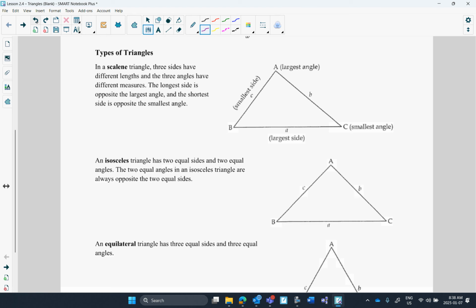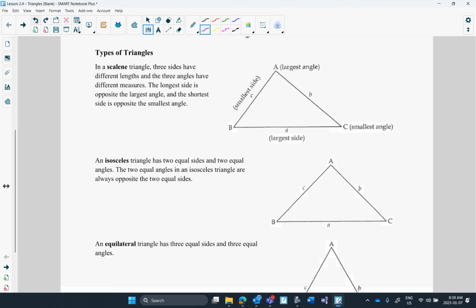Another thing with triangles is you can always find the smallest and largest ones by looking at either their angles or sides. If you're given their angles, you'll be able to find the smallest sides. If you're given their sides, you'll be able to find the smallest angles. The smallest angle in any triangle is always opposite the smallest side.